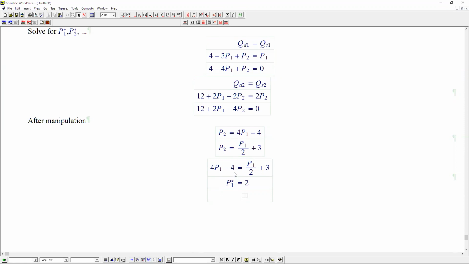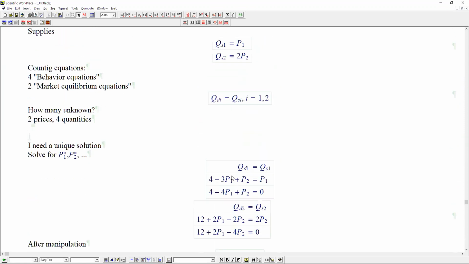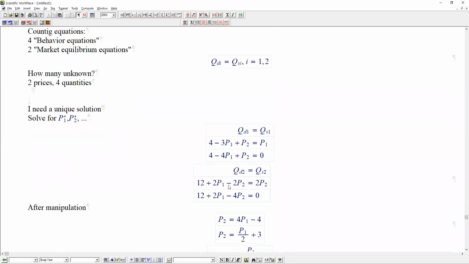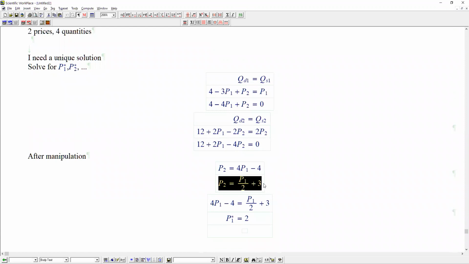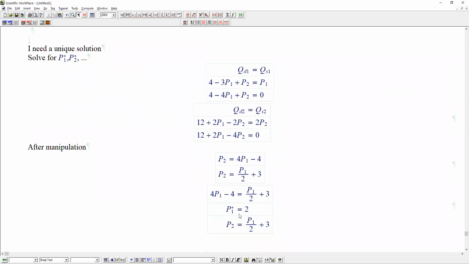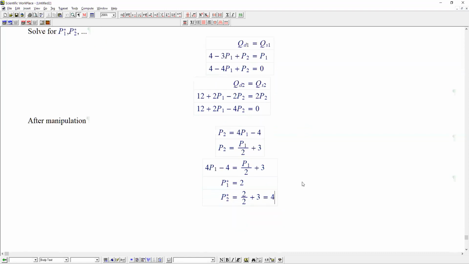Then for P2, I can just substitute in here, for instance. So it's 4. All right. And then we can find the other quantities.